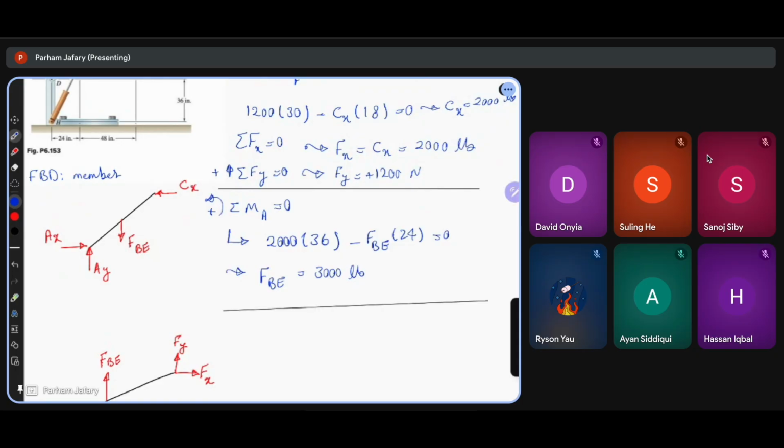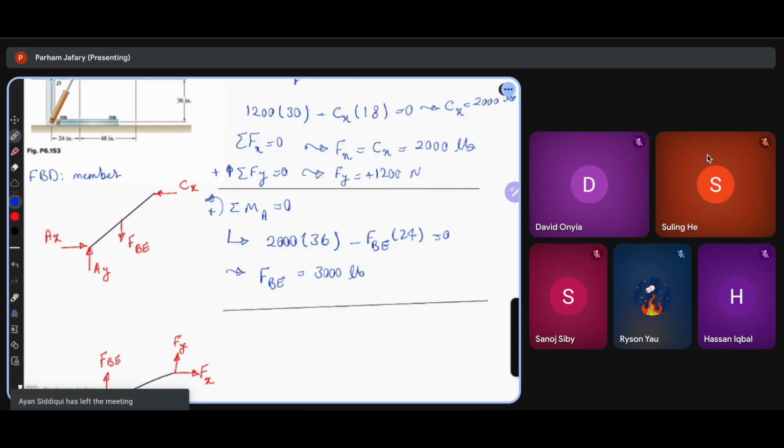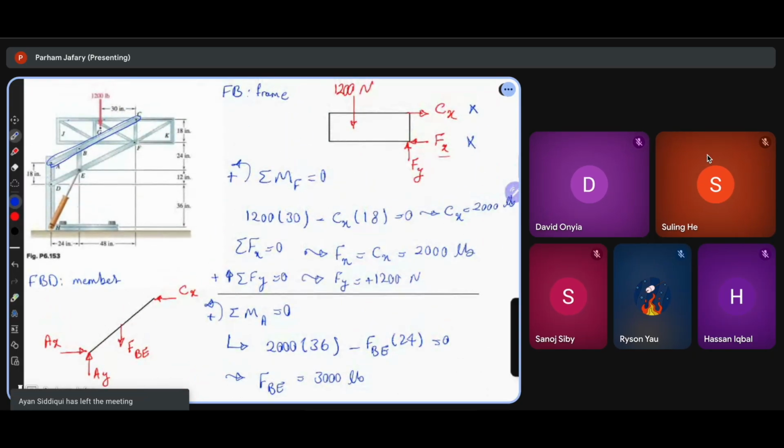And then part B, it is asking us to find the components of the force exerted by the hydraulic cylinder on pin H. So here it is asking us to find this force.